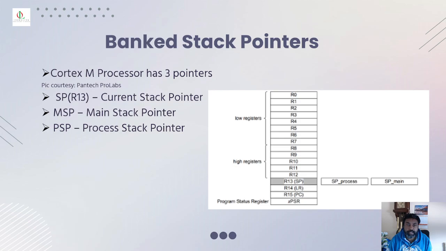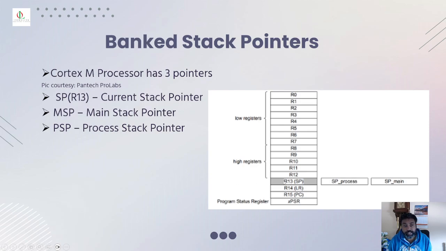Now let's try to understand the banked stack pointers. A Cortex M processor has 3 pointers, as most of you would know, and again, big courtesy to Pantech Pro Labs. There is always the current stack pointer. In every program, it will show the current stack pointer, which is a special register called the stack pointer, and R13 is the stack pointer.